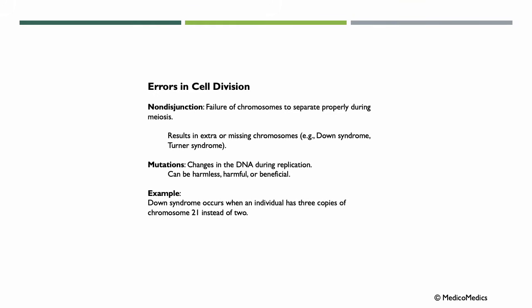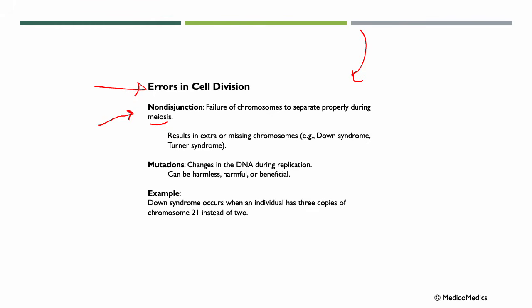Now let's talk about errors in cell division. So we can have non-disjunction, which is a failure of chromosomes to separate properly during meiosis. It's an error in cell division where chromosomes fail to separate properly during either meiosis 1 or 2.